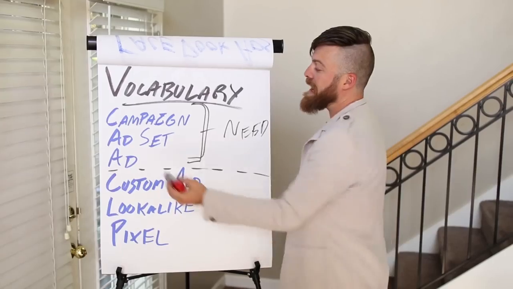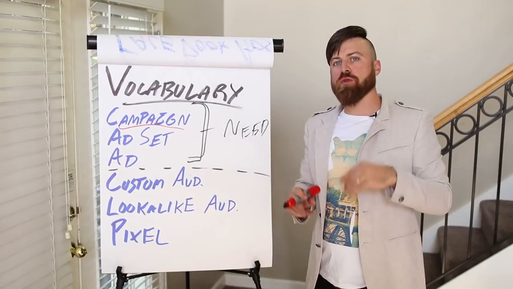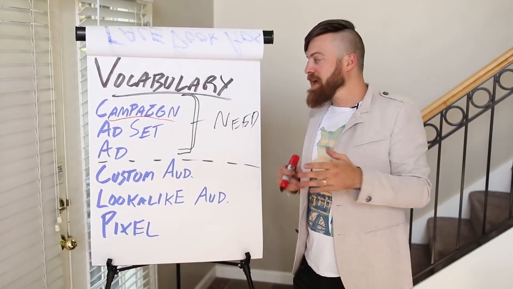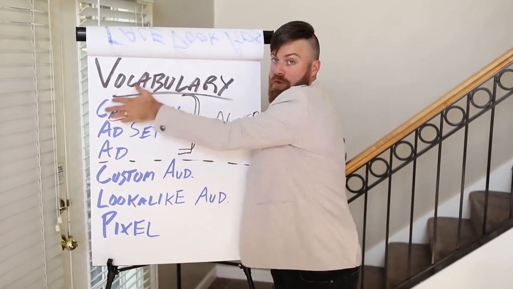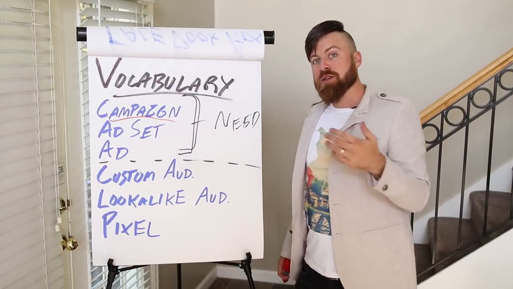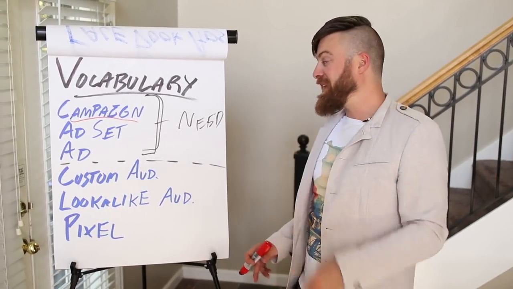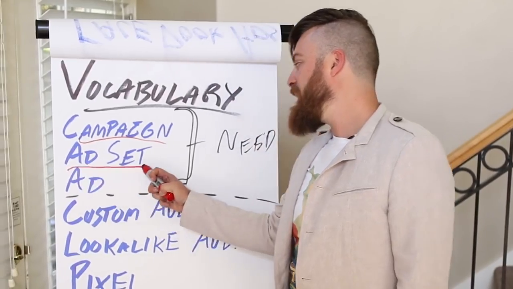An ad campaign is focusing on getting revenue for a particular product or product category. A campaign is the fundamental structural element of launching your ads. It's the folder where all of your ads will fall under. So when you first set up a campaign, and I'll be showing you on my computer in a second, we'll start with a campaign. The next is an ad set.